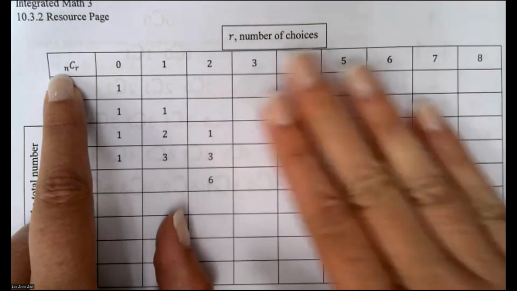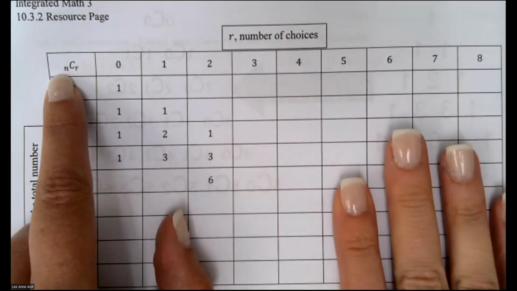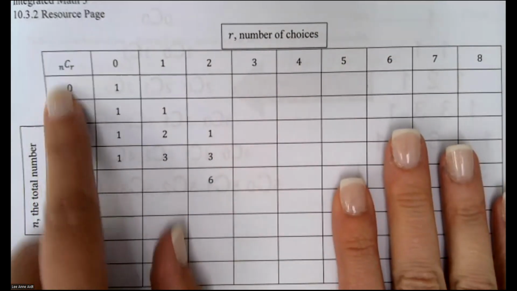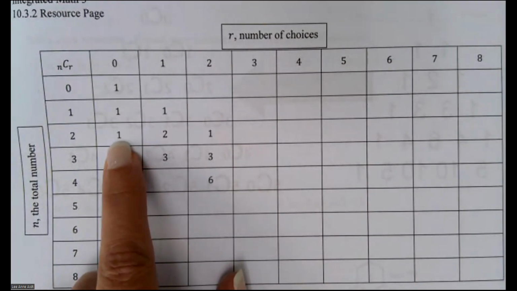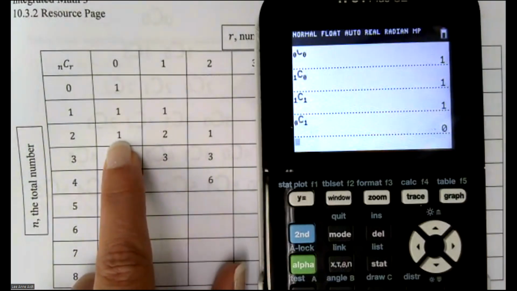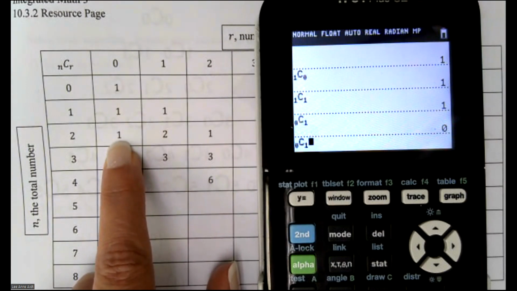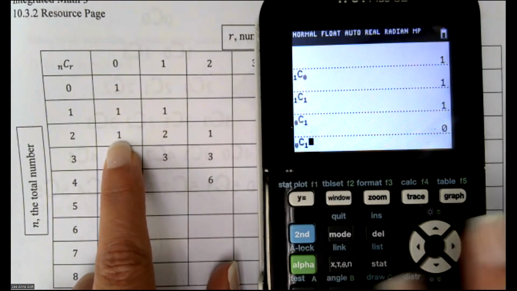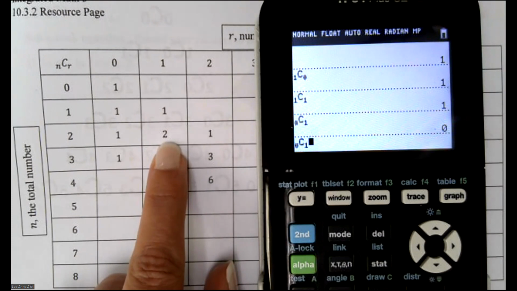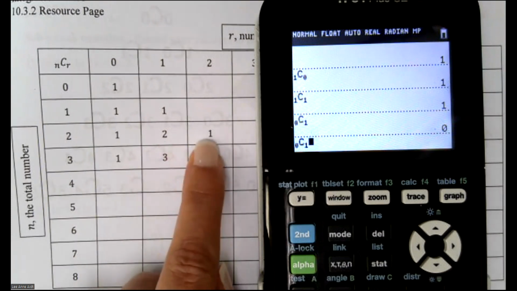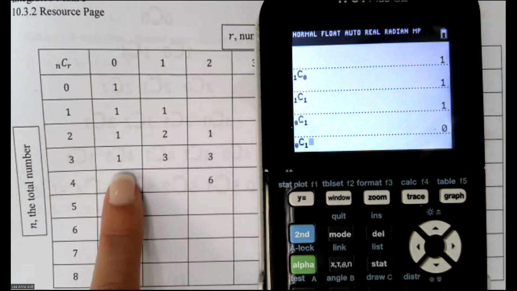So all of these boxes over here are not going to exist. Okay, let's go down to this line. Which one would this be? 2C0. We don't need to calculate it. We know it's 1. What would this one be? 2C1, 2C2.